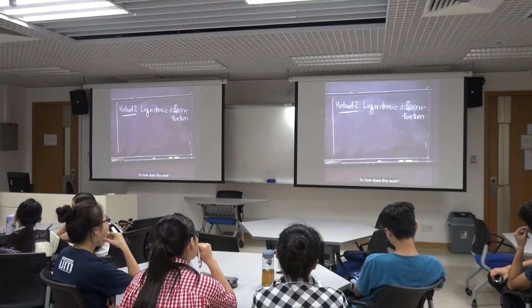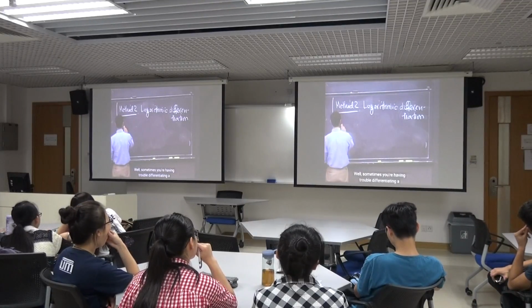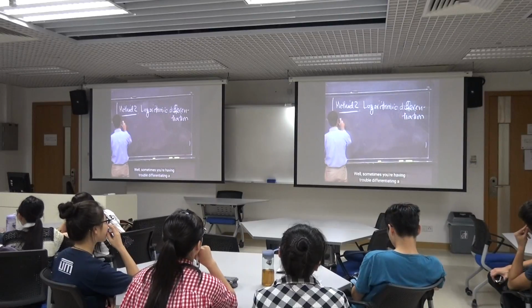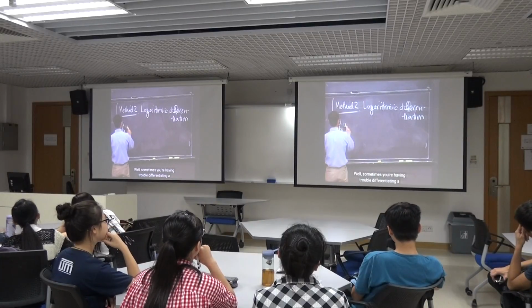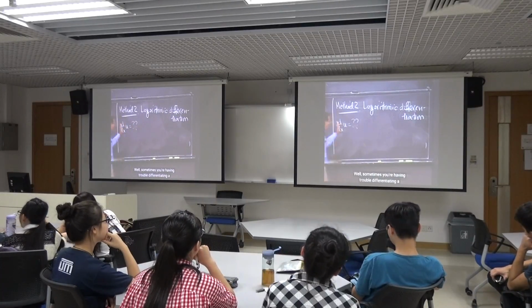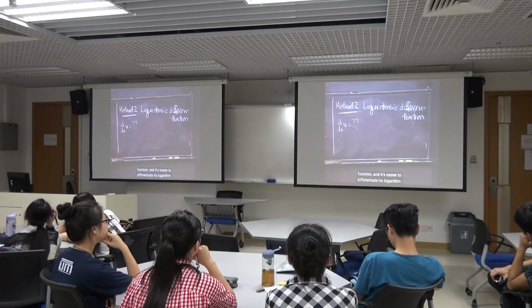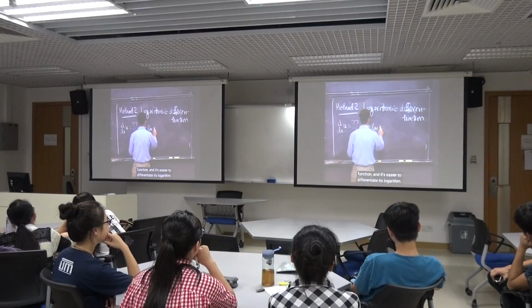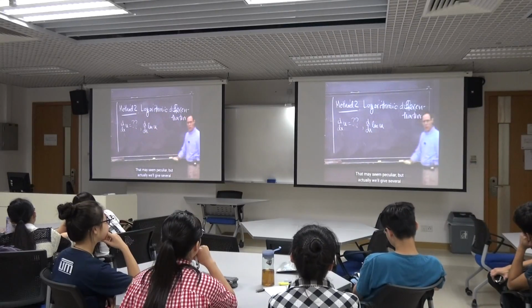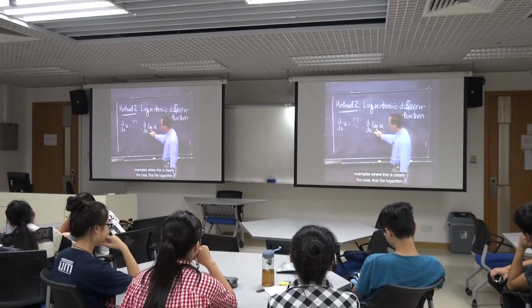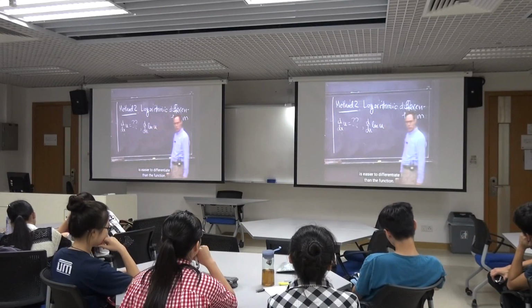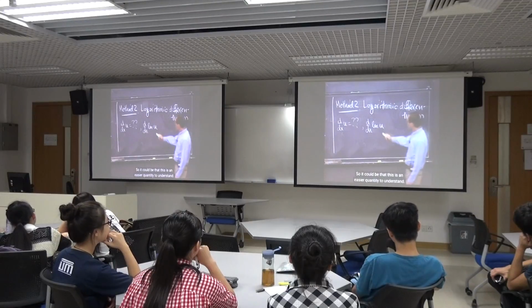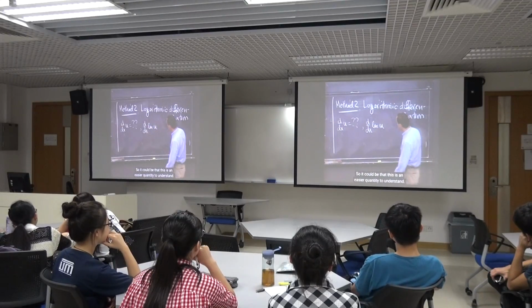All right, so how does this work? Well, sometimes you're having trouble differentiating a function, and it's easier to differentiate its logarithm. That may seem peculiar, but actually we'll give several examples where this is clearly the case, that the logarithm is easier to differentiate than the function. Okay? So it could be that this is an easier quantity to understand.